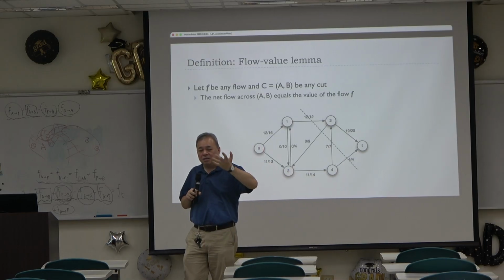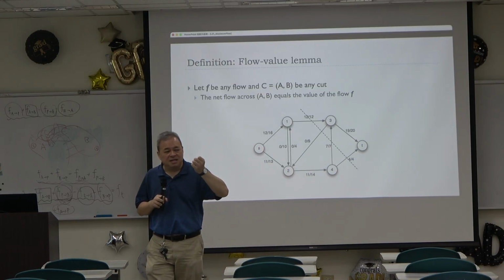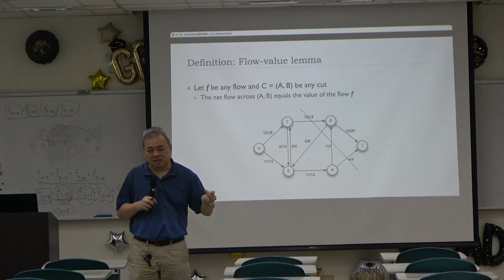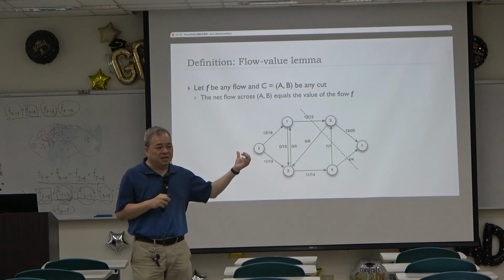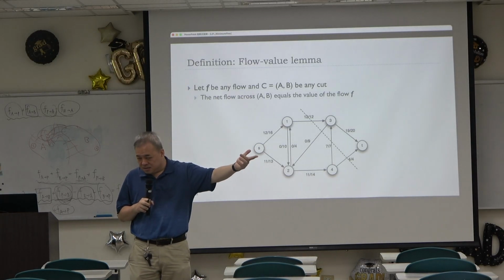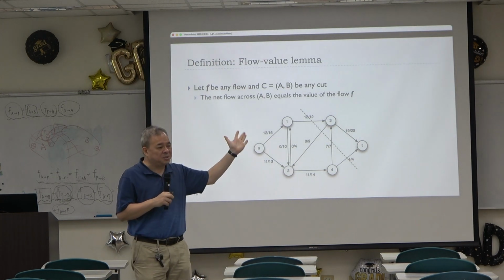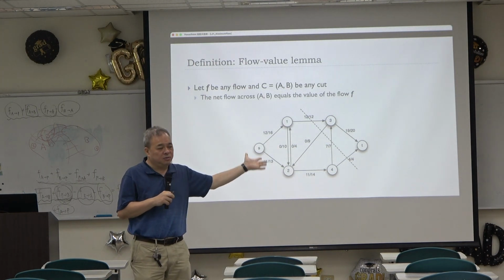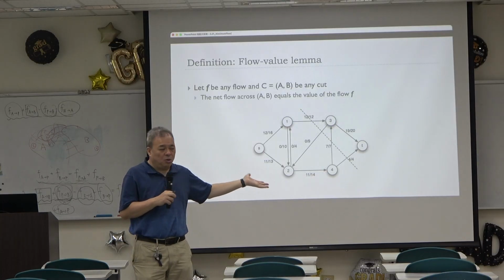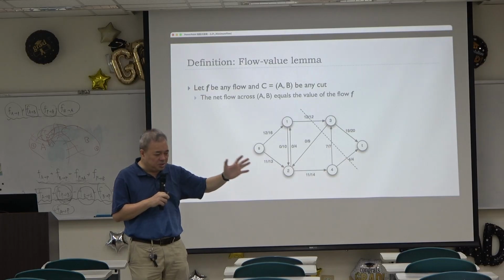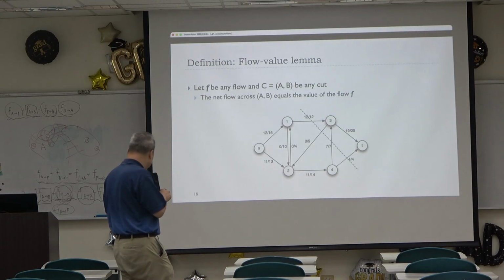So your augmentation path must contain at least one of such edges, right? In order to go from S to T. Because this cut pretty much breaks the graph into two different sets. To go from source node to sink node, you have to go through one of those edges.